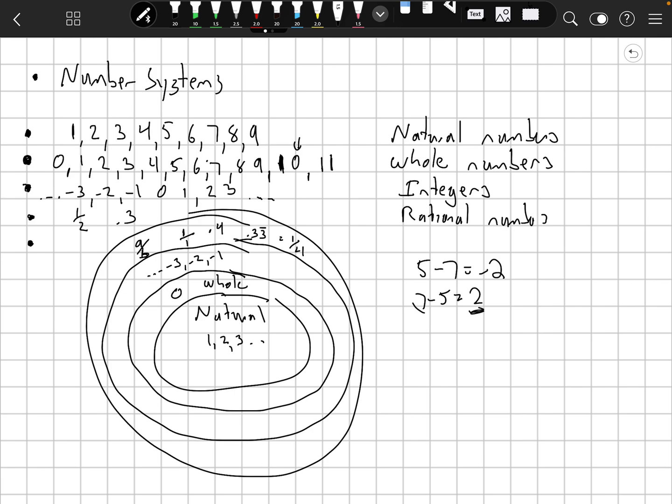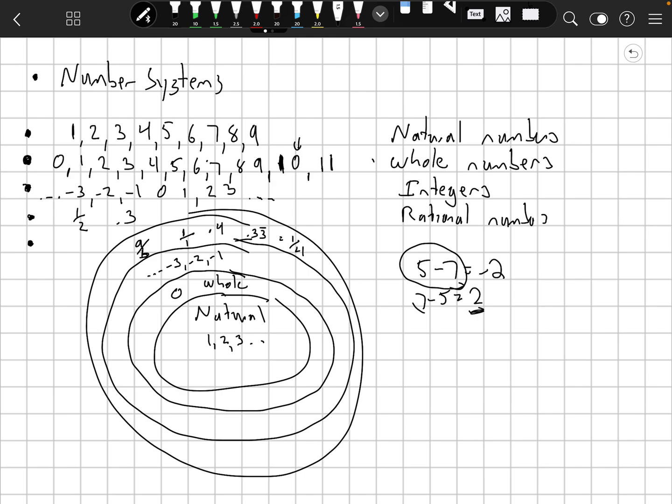So, for example, whole numbers are closed under the operation of addition, because when you add two whole numbers together, you just get a whole number. And they're closed under the operation of multiplication, because when you multiply two whole numbers together, you just get another whole number.